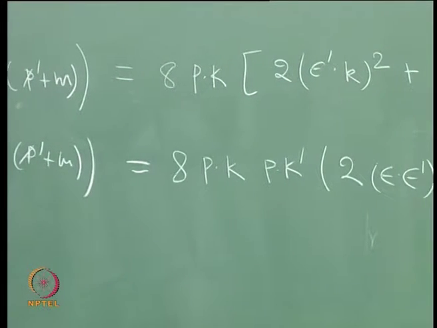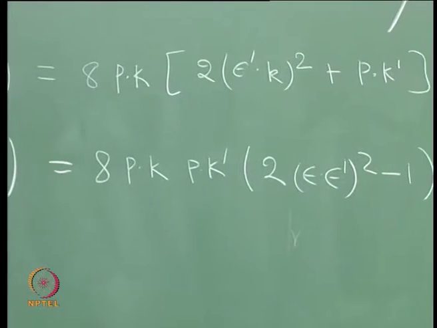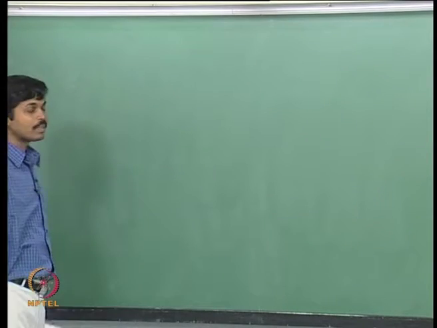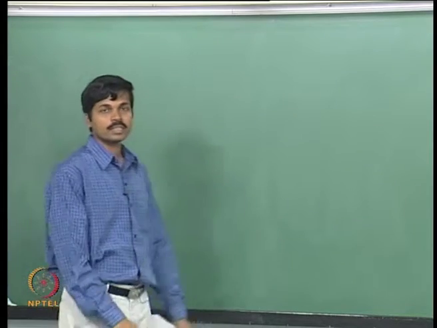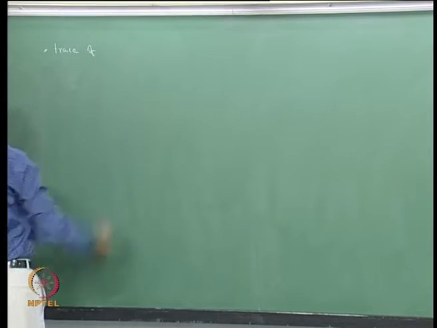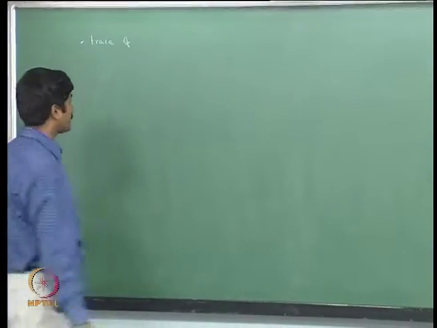Before trying to evaluate any of these traces, I would like to prove the following thing. First thing is, trace of an odd number of gamma matrices vanishes.